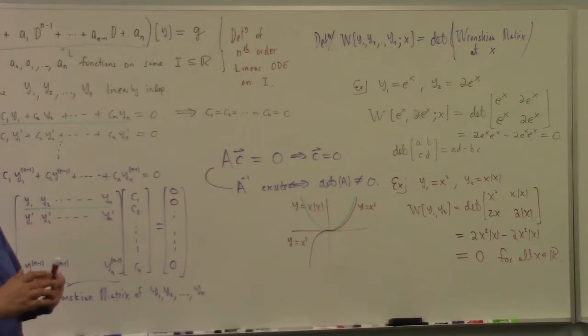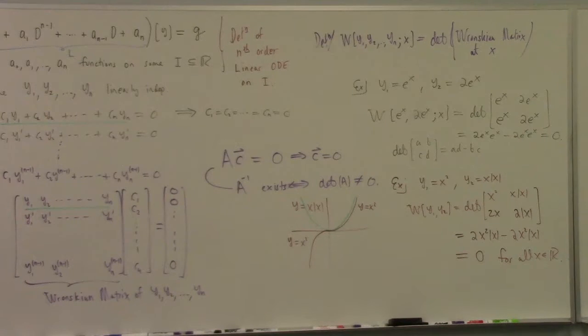Something beautiful happens. For solution sets to differential equations, the naive idea about the Wronskian is true. You have an nth order differential equation, and you have n functions that solve it. The Wronskian is 0 only if the solutions are linearly dependent.